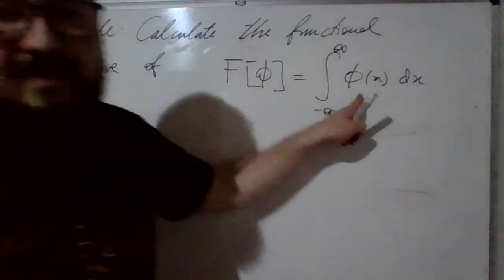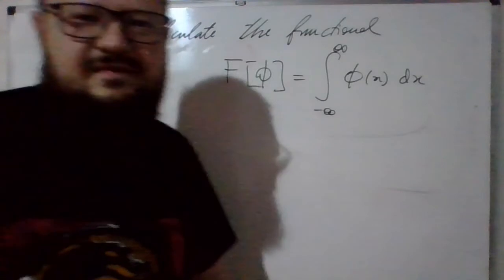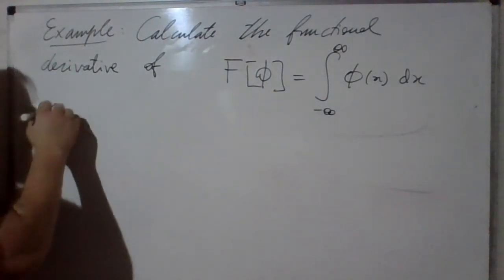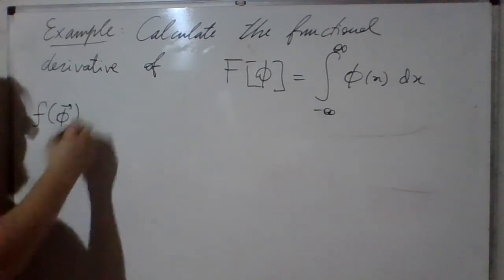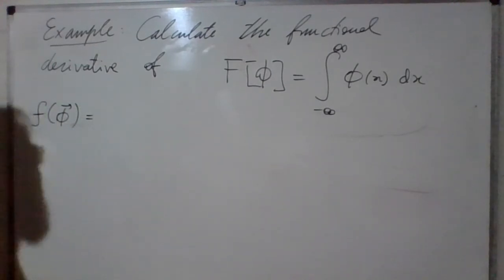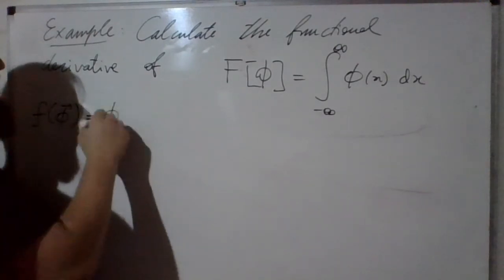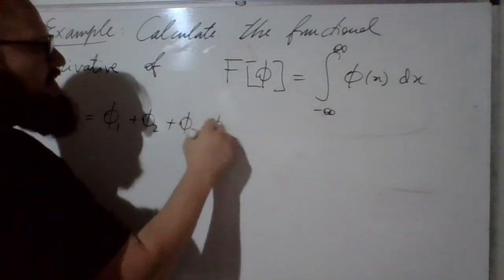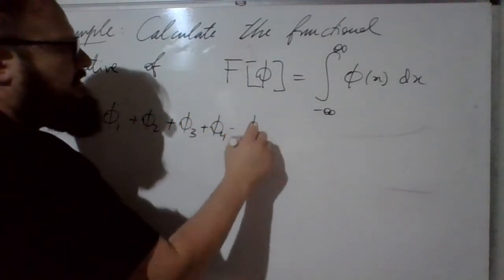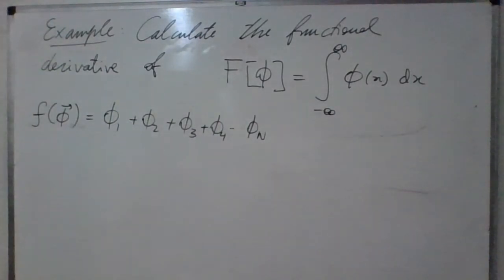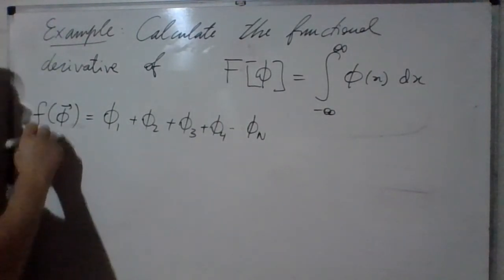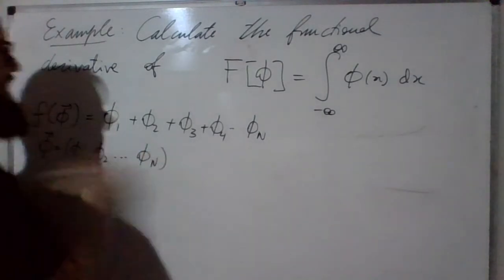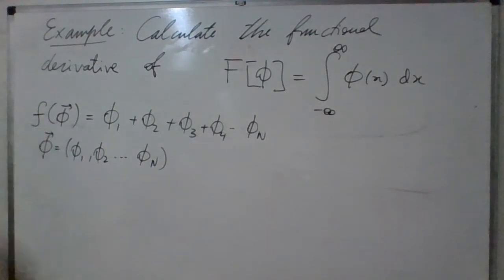Well, first, if I have a functional or a function in the sense of multivariate calculus, suppose I'm just summing over phi 1 plus phi 2 plus phi 3 plus phi 4 and so on till I reach the end component of this vector here, which has n components, phi 1, phi 2, and so on. Okay, suppose we have this.